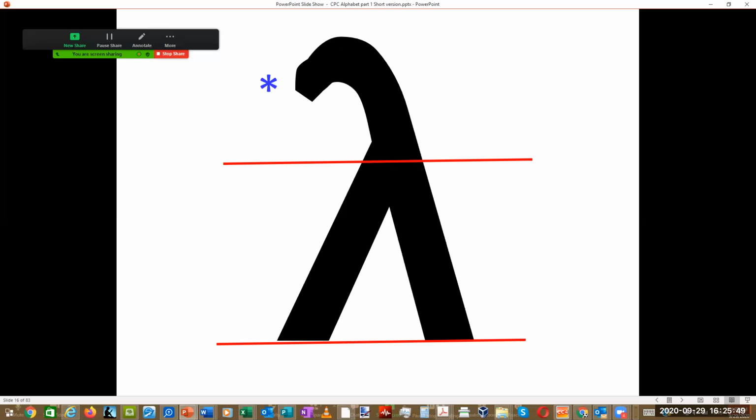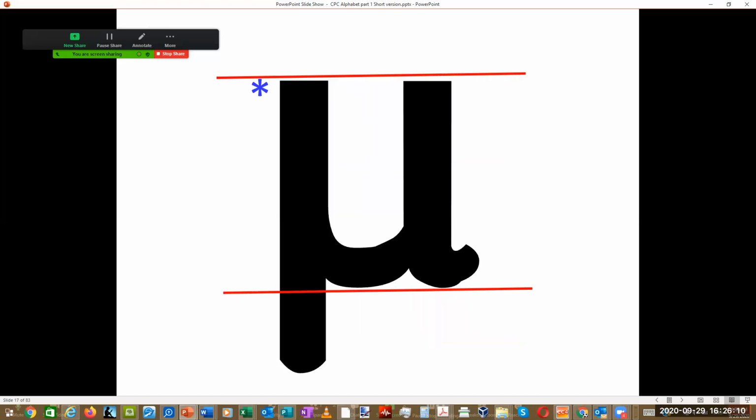Lambda, our L sound, is a large letter that starts above the line. And you know, it's basically 2 strokes, and needs the one on the left to stand up straight. So iota, kappa, lambda, and then we'll add mu.